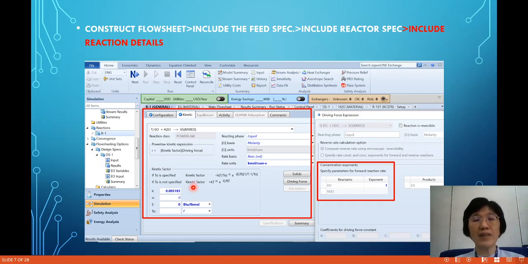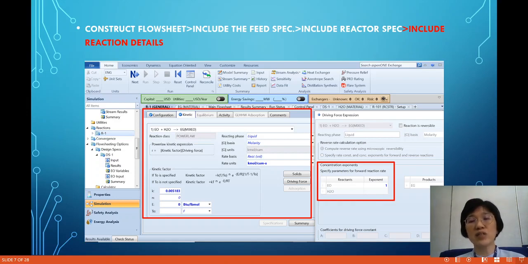The one given is per minute basis. Once you have changed it to per second basis, it is actually 0.005183. Just include accordingly.